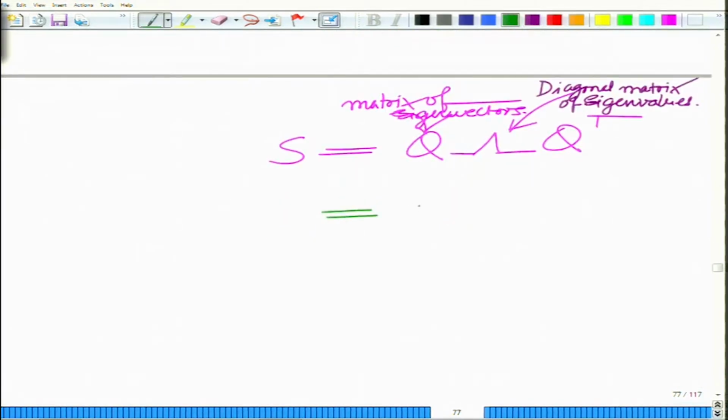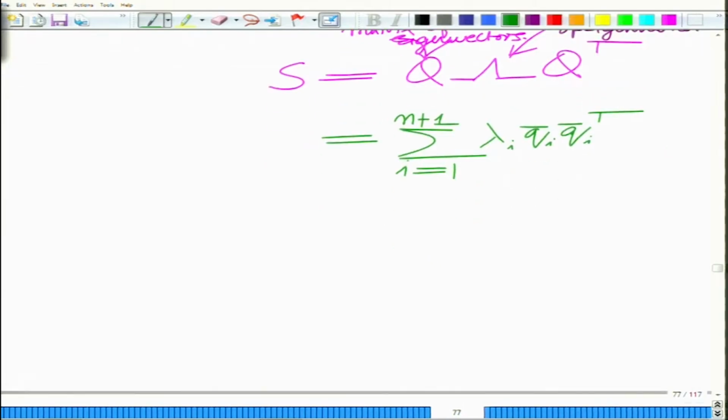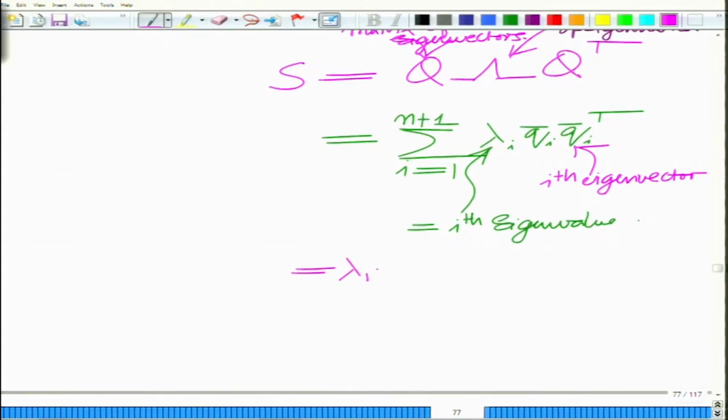Then I can write this as summation i equals 1 to t plus 1 of lambda i qi bar qi bar transpose, where lambda i equals the ith eigenvalue and qi bar equals the ith eigenvector.